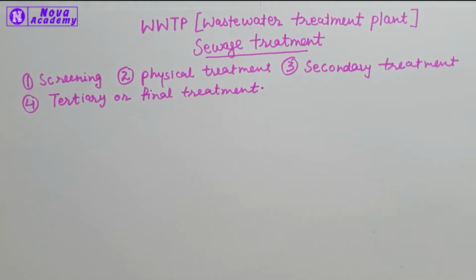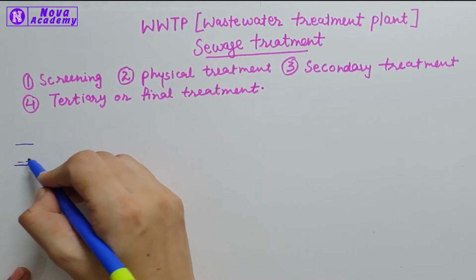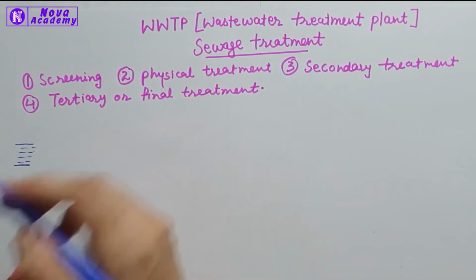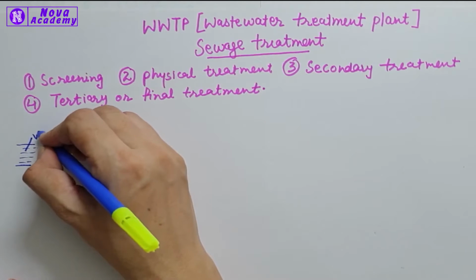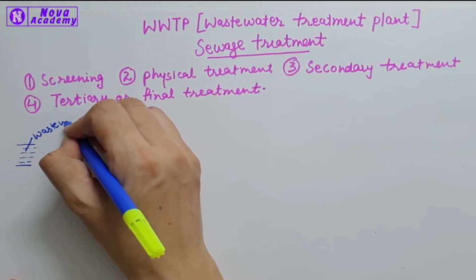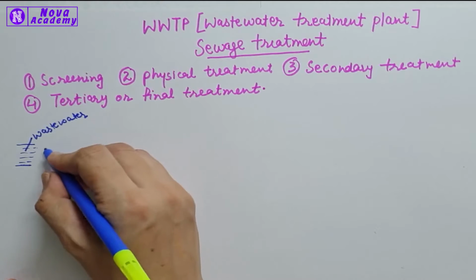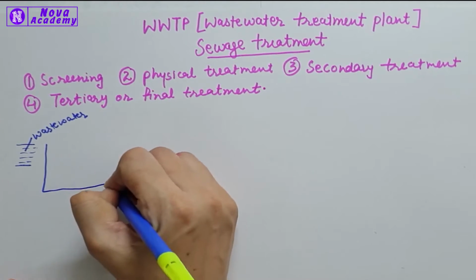So what we will do in the screening? You all know the wastewater comes from the different areas by the sewerage, and the sewerage collects the water, and that water reaches the point where it is treated. So we send the wastewater into a very big chamber.